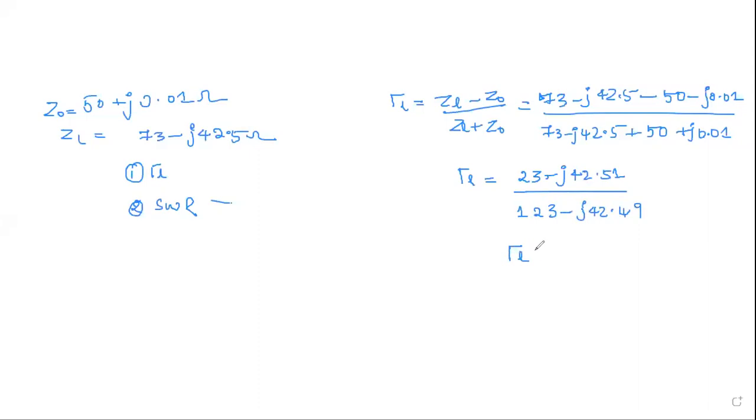Convert it into angle form. Write the last answer in angle form, polar form. 48.33 at an angle minus 61.58 divided by 130.13 at an angle minus 19.05 degree. Now divide this.